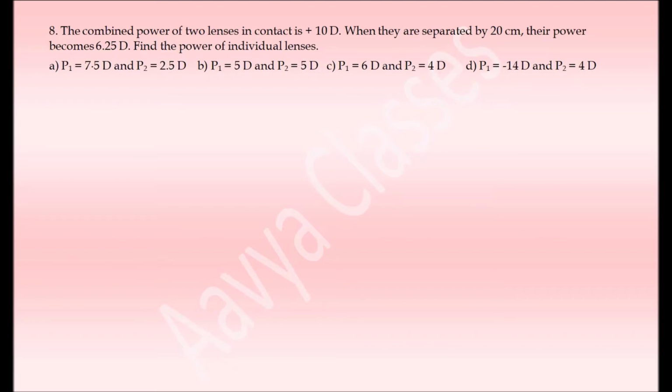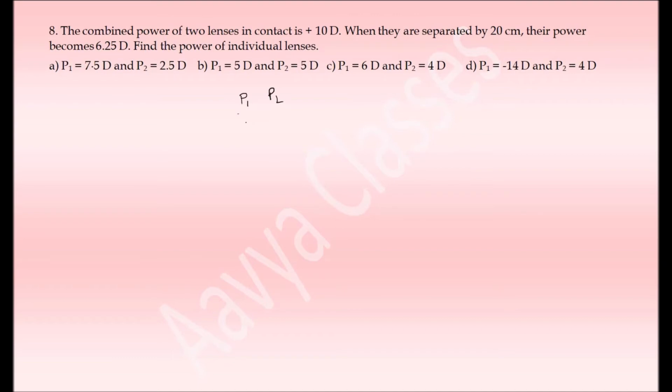The problem is: the combined power of two lenses in contact is plus 10 diopter. When they are separated by 20 centimeter, their power becomes 6.25 diopter. Find the power of individual lenses. So you have to calculate the power of individual lenses. Let the power of individual lenses be P1 and P2 respectively.